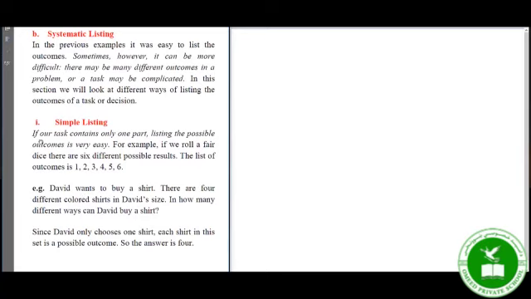If our task contains only one part, in this case we use simple listing. As in this example of buying a shirt by David, there are 4 different color shirts, so he has 4 different choices.